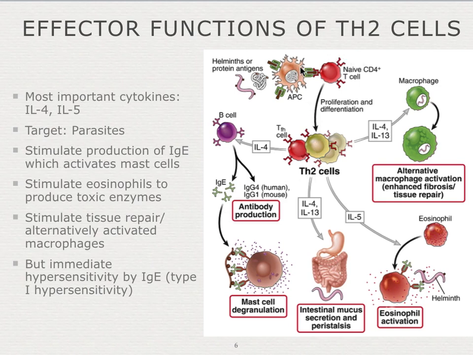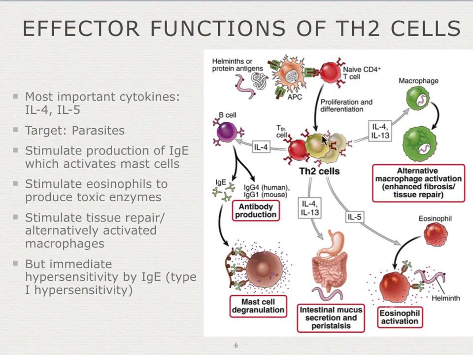So here is the antigen presenting cell, the dendritic cell, that has eaten part of the helminth or parasite and is presenting part of that to the naive CD4 positive T cell that also gets signals from the dendritic cells that it needs to change into a Th2 cell. So it will proliferate and differentiate.